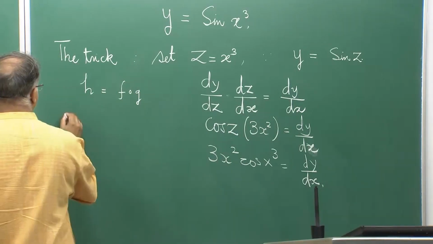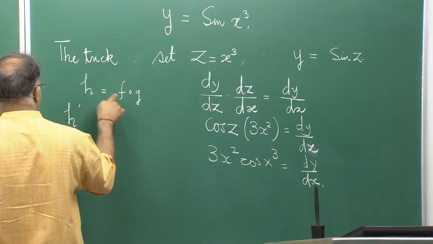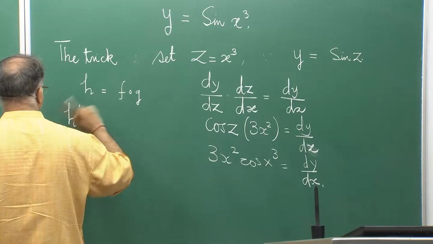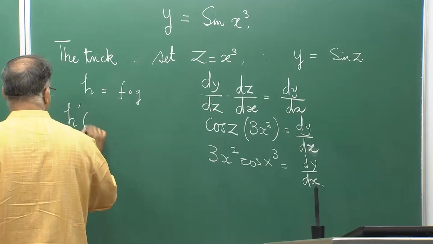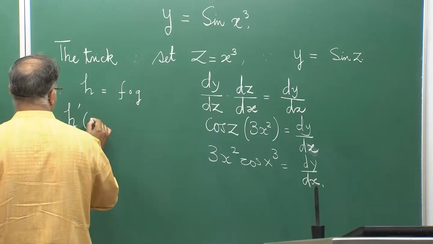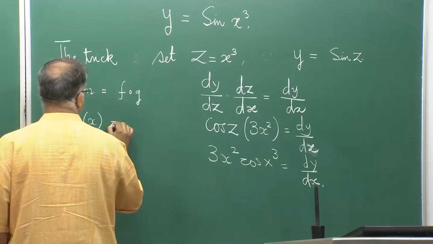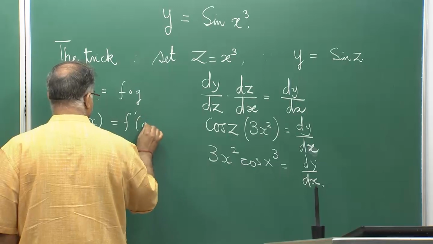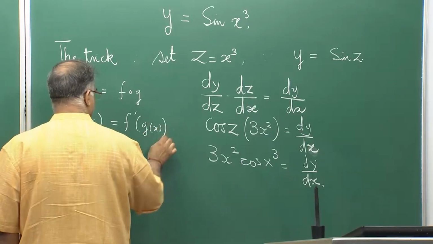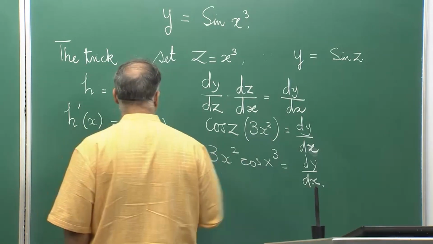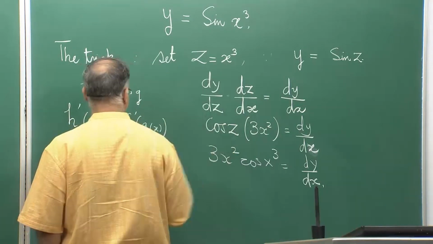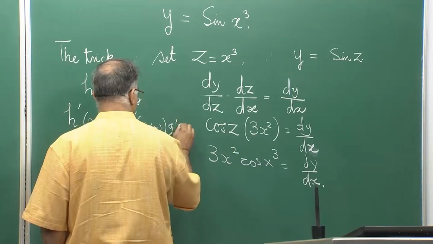when f and g are functions from R to R, then h dash of x is nothing but f dash of g x into g dash of x.